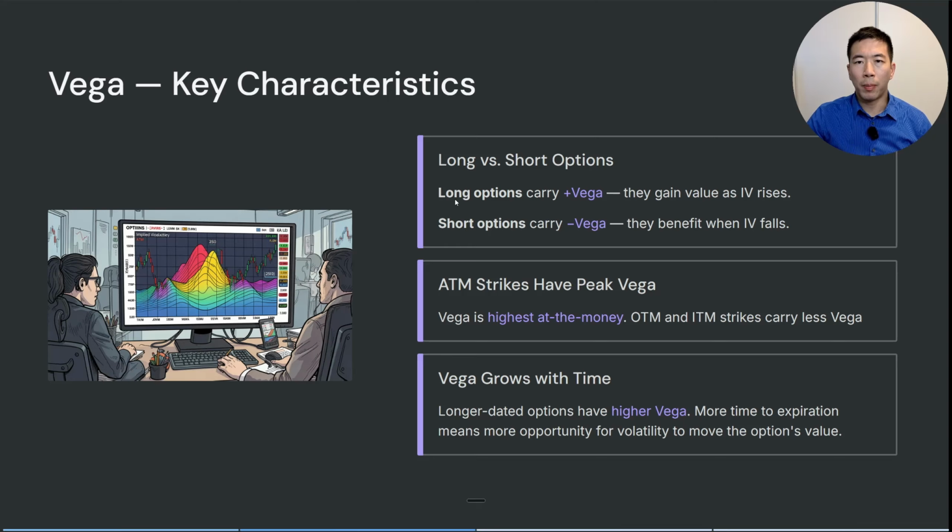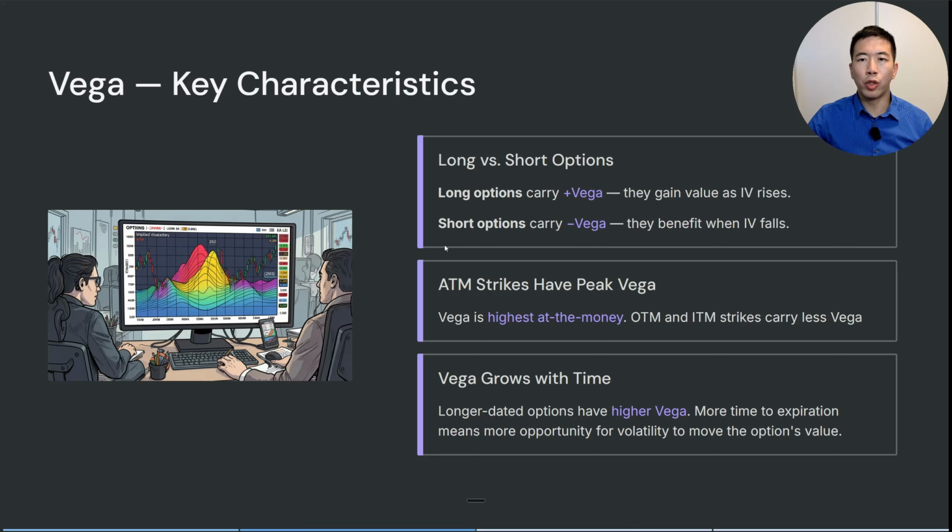Usually, people that are long put options, people that are betting that the stock market will go down, will benefit from this, because with put options, you make money from direction when the stock goes down. And also when the stock goes down, the IV increases at the same time. So you're getting both the direction correct, and also Vega will boost the value of your option.